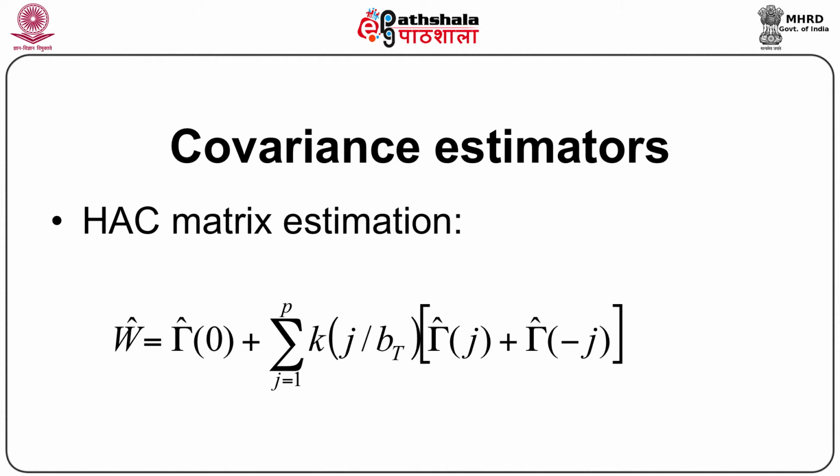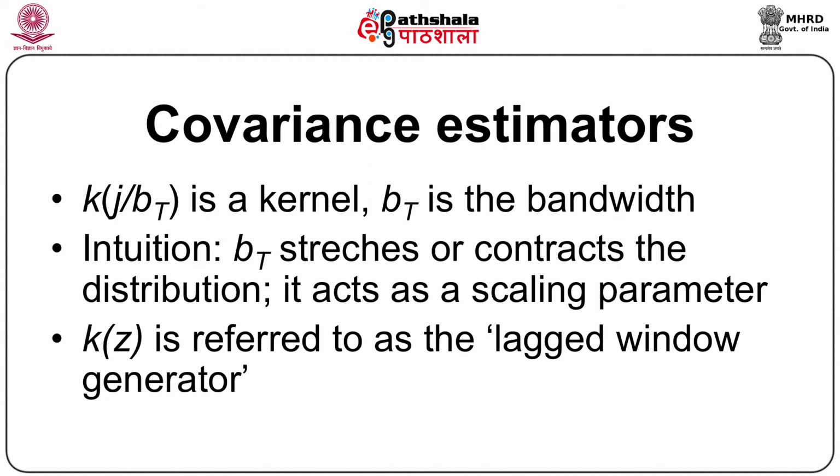So, by estimating W hat, we are able to provide the HAC matrix estimation. Now, k of j by Bt is a kernel function and Bt is called the bandwidth. The intuition is that Bt stretches or contracts the distribution. It acts as a scaling parameter and k is referred to as the lag window generator.